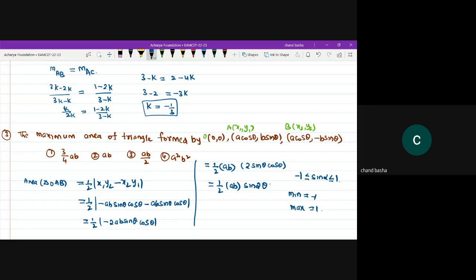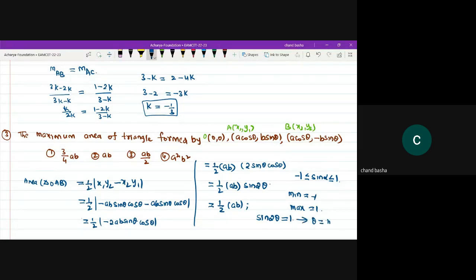To get the maximum value, sine 2 theta is equal to 1. That means theta is pi by 4. Where theta is pi by 4, I can get the maximum value.